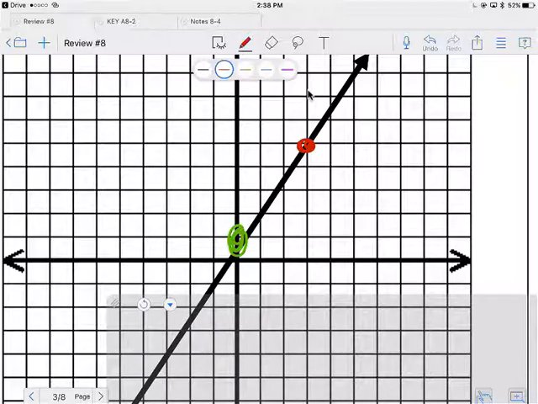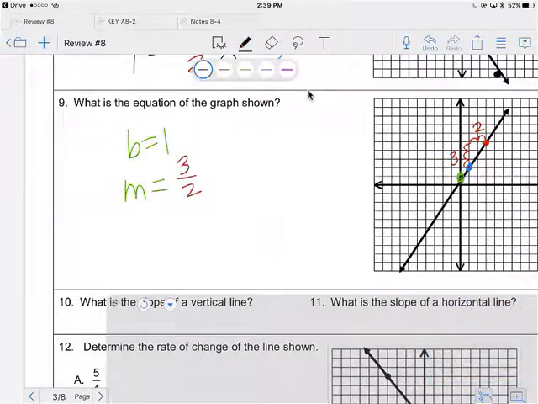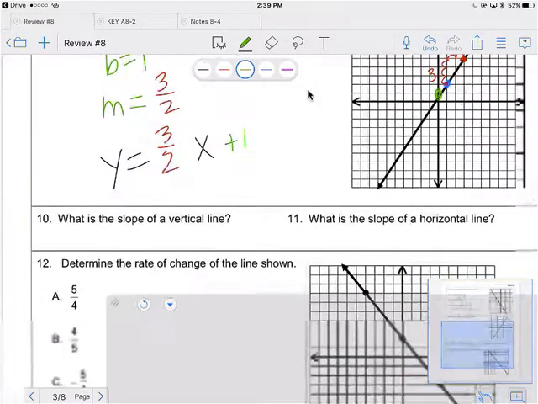For your copy, you're going to need to start with this point. So for my slope, I go up 3 and to the right 2. So my equation, y equals 3 halves x plus 1.